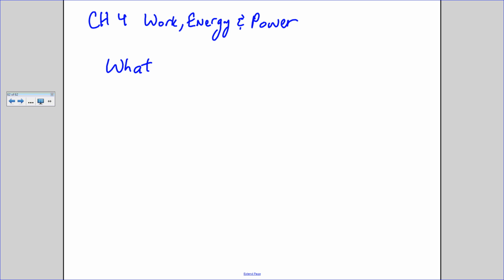So chapter 4 is on work, energy, and power. First, we just want to ask our question: what is work? There are a lot of different definitions for work, right? It can be a job, it can be stuff that you're doing around the house.